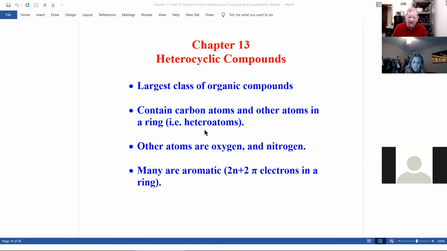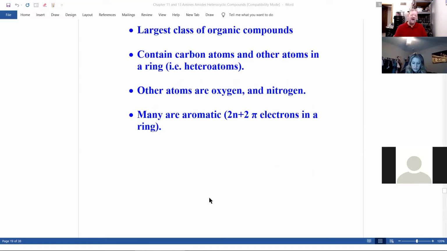And those other atoms could be oxygen or nitrogen. So you should know, it's a cyclic compound that contains carbon and other atoms, and those other atoms are either oxygen or nitrogen. Now, I won't ask, but many of them are aromatic, 4n+2 pi electrons.